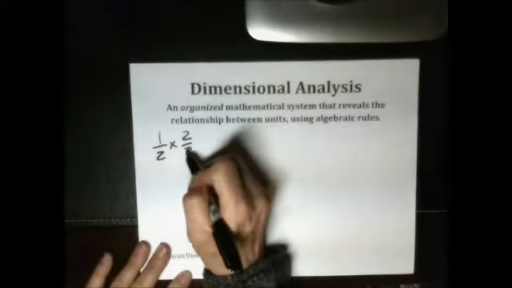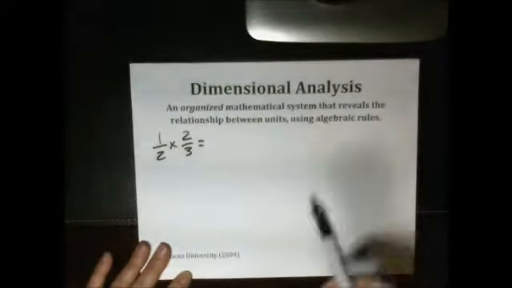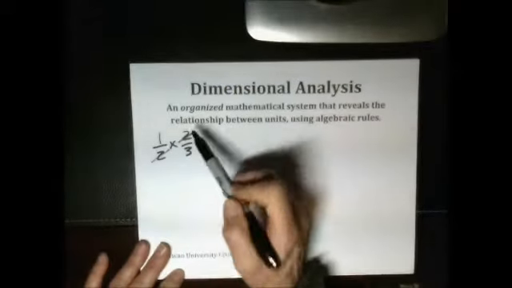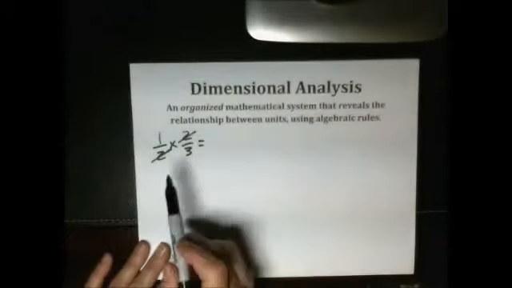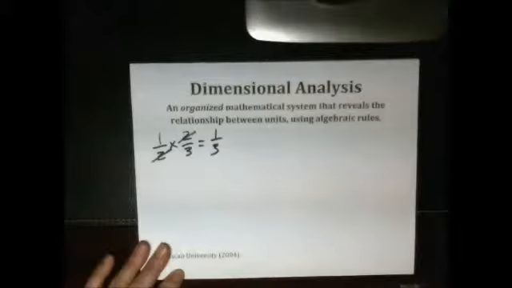Let's multiply a fraction. 1/2 times 2/3 equals, well, because we're looking at the relationship between units and because we're using algebra, we're going to be allowed to cancel like units. This leaves us with an answer of 1/3.